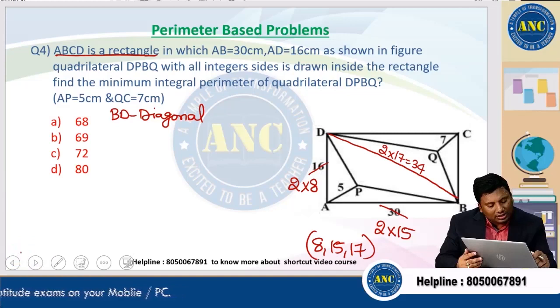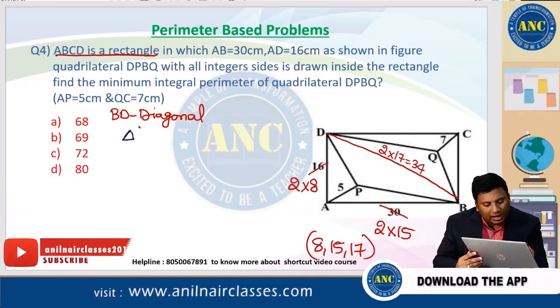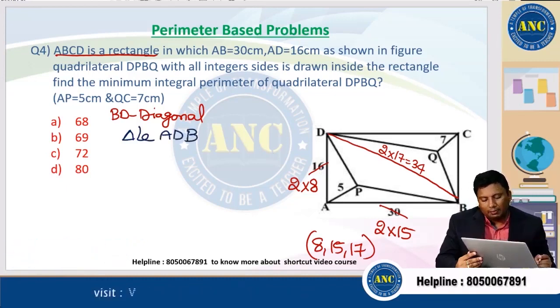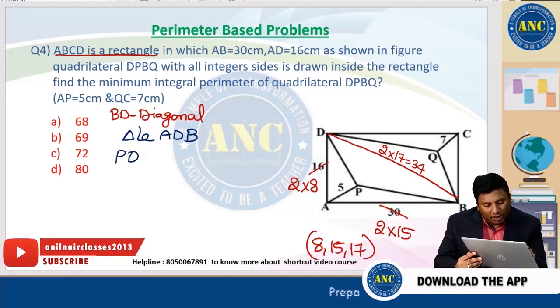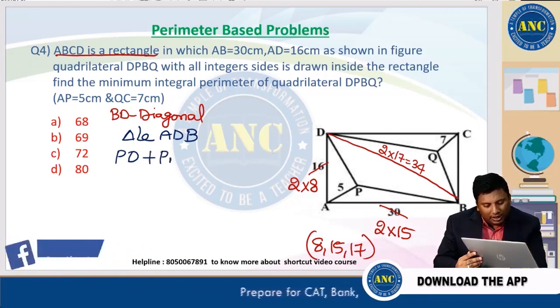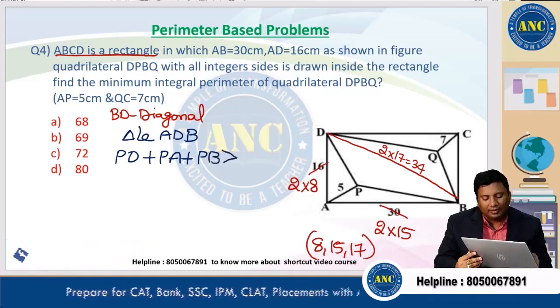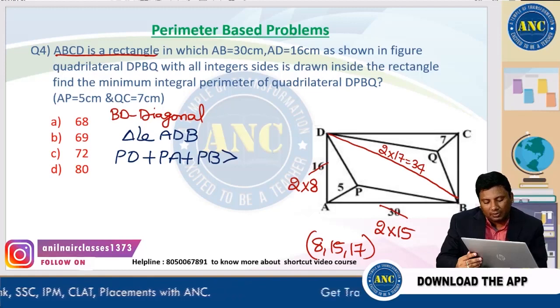Now the same concept, whatever I discussed. Let me take triangle ADP. If I take triangle ADP, what is the condition? P is any point, so PD plus PA plus PB is greater than the semi-perimeter. What is the semi-perimeter we got?